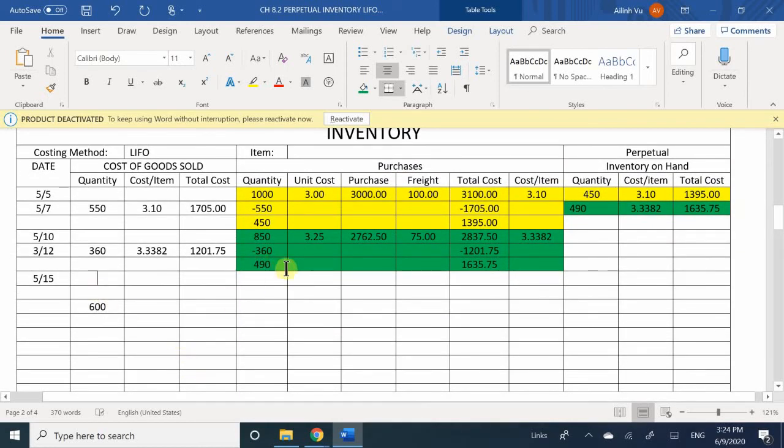From this green batch, we know that we still have 490, because we're going from bottom to top. So how much do we need to sell to reach our 600?